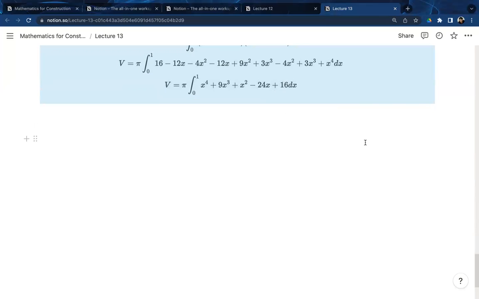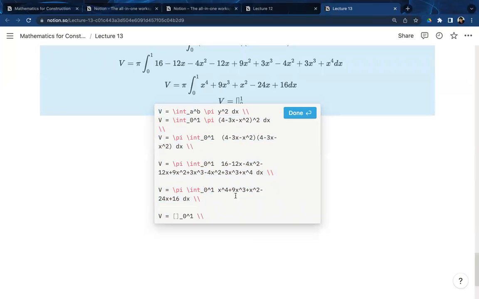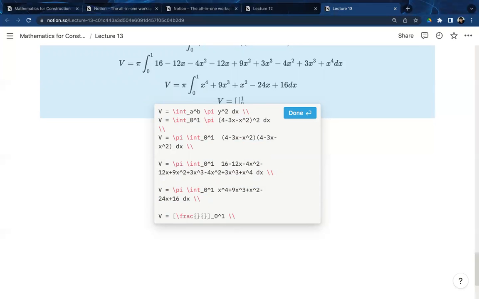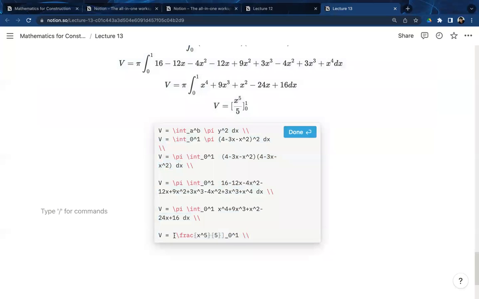So it's really just to integrate these things now after you simplify. So put limit 0, 1, and you're going to get a lot of fractions here now.